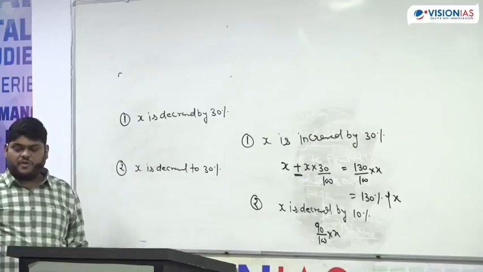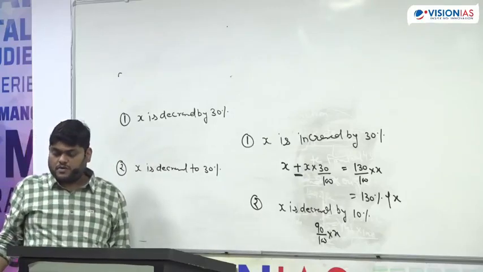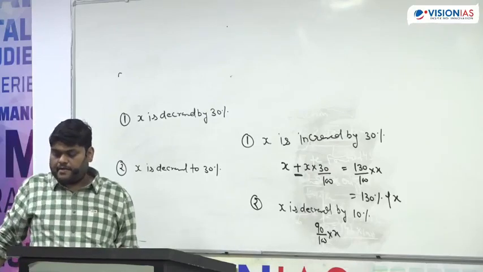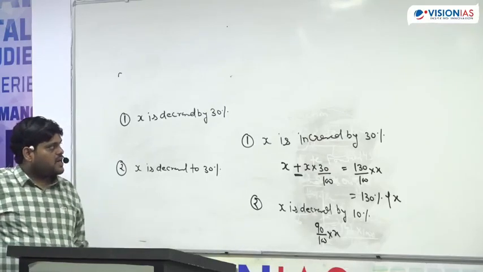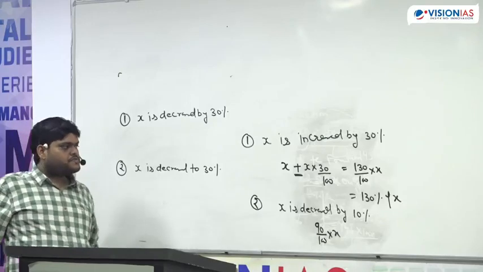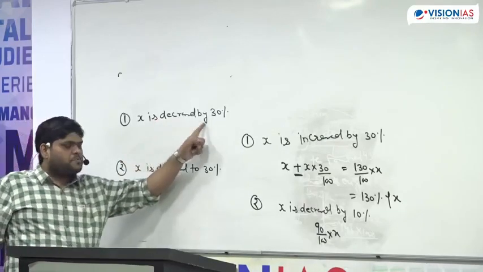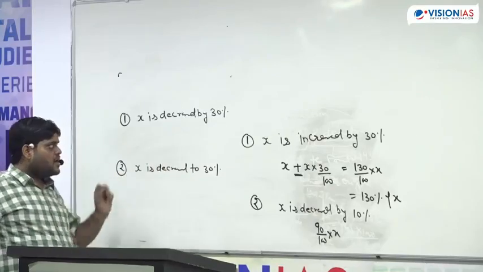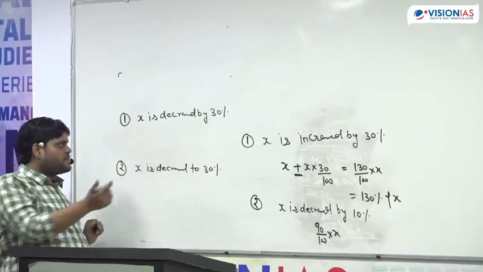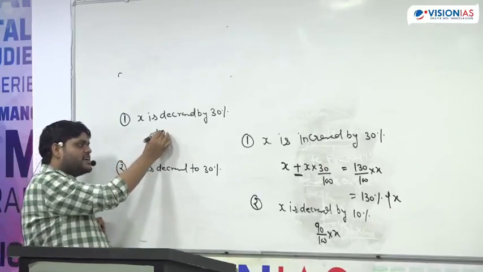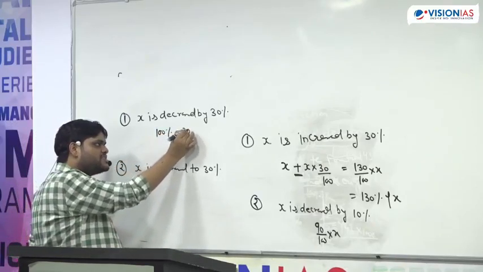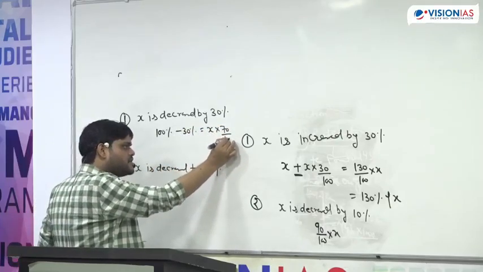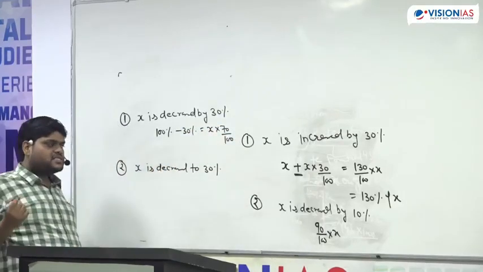What is the difference between the two? X is decreased by 30% and x is decreased to 30%. So decreased by 30% means x was 100%, and if you decrease 30%, that means x becomes 70%.